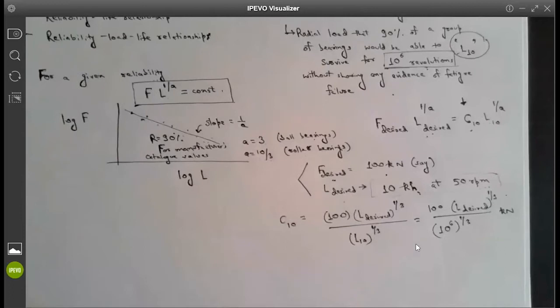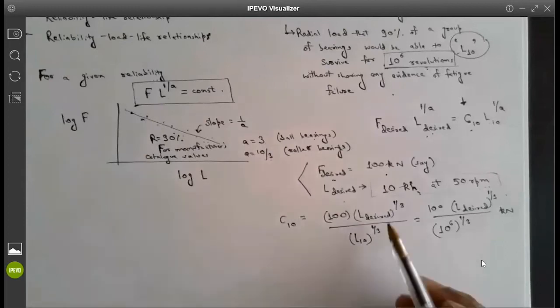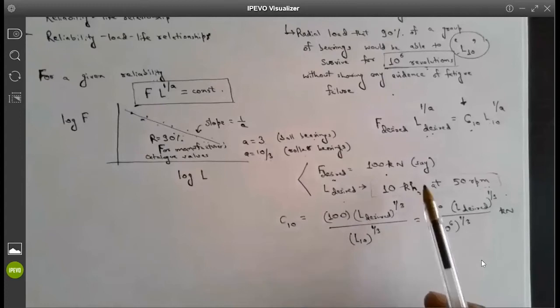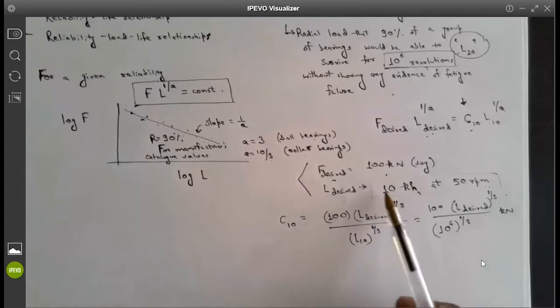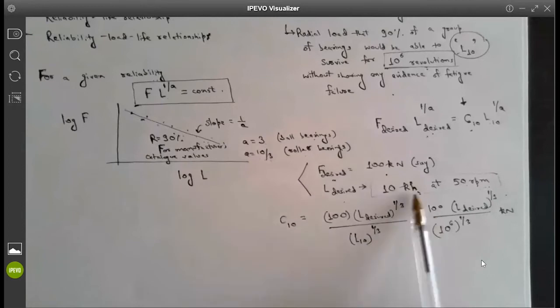Any guesses? Anybody taking a shot on how to proceed? Any volunteer to help me out on how to find the number of revolutions from these two values?